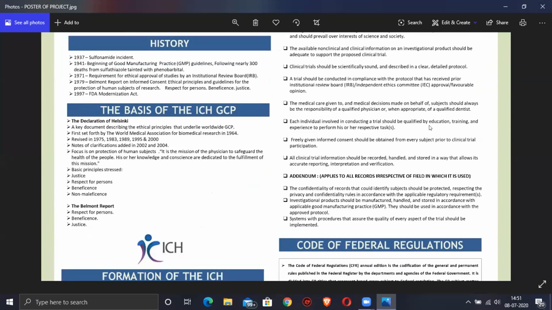The confidentiality of records that could identify subjects should be protected, respecting privacy and confidentiality. This basically means that the names of the subject, dates of birth, addresses, any sort of identifier that can be traced back to a particular subject must be kept confidential and stored in such a manner.